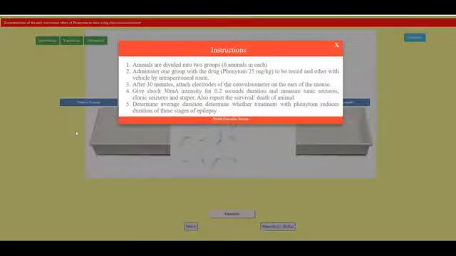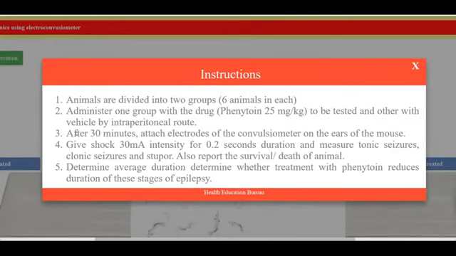Next, moving on to the experiment, these are the instructions that are provided. The animals are divided into 6 groups. Administer one group with the drug PHENYTOIN at a dose of 25 mg per kg to be tested and the other with vehicle by intraperitoneal route. Then after 30 minutes, place the electrodes of the convulsometer on the ears of the mouse and give a shock of 30 milliampere intensity for a duration of 0.2 seconds.